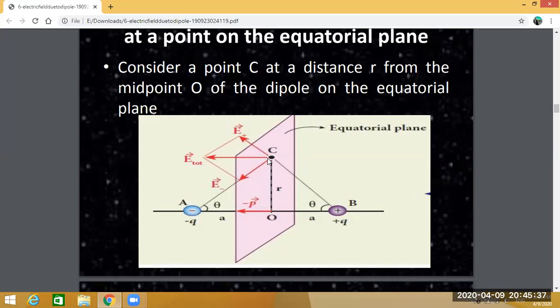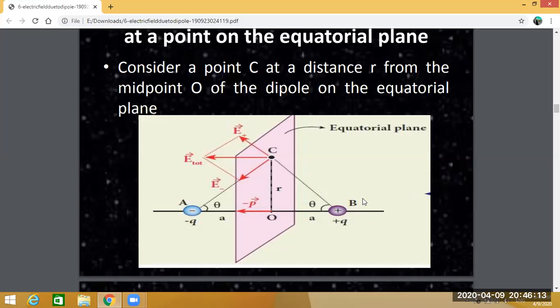Its direction will be in this direction, because, as I have told you, in order to test electric field at any point in space, we take a unit positive test charge, Q naught. The test charge is always positive, so the electric field will repel this Q naught in this direction. Therefore, due to the positive charge, the electric field will be directed in this direction, E plus.